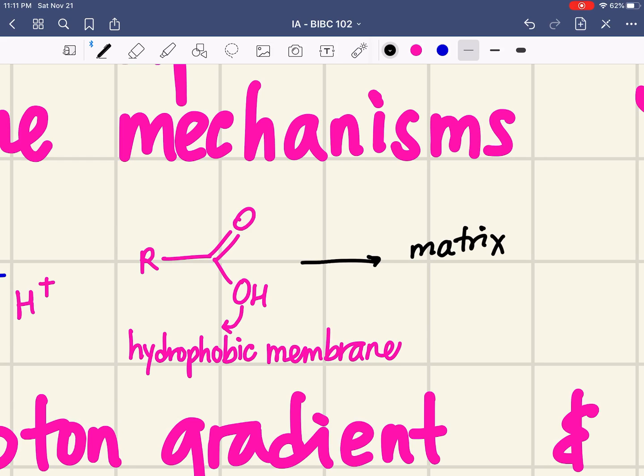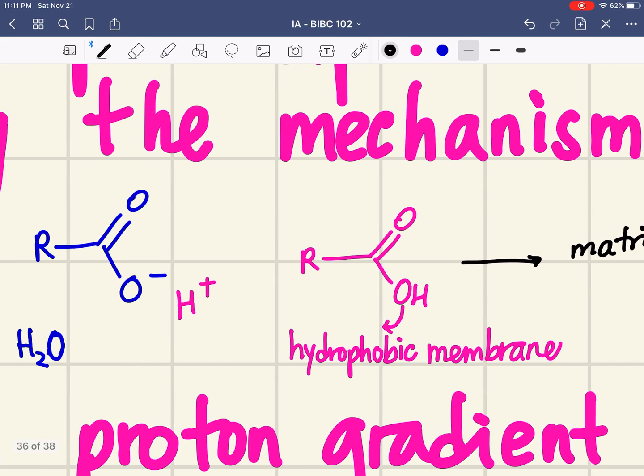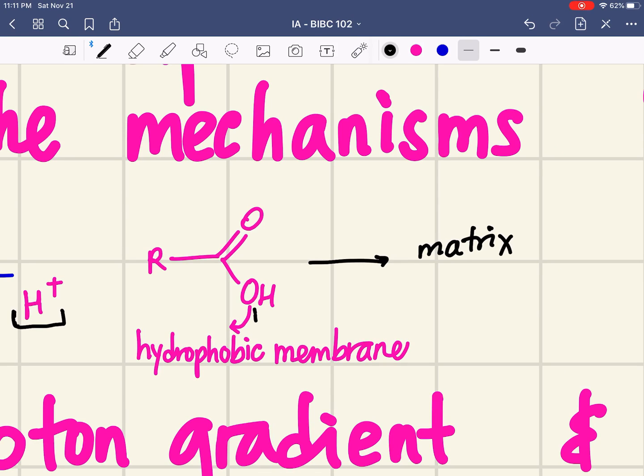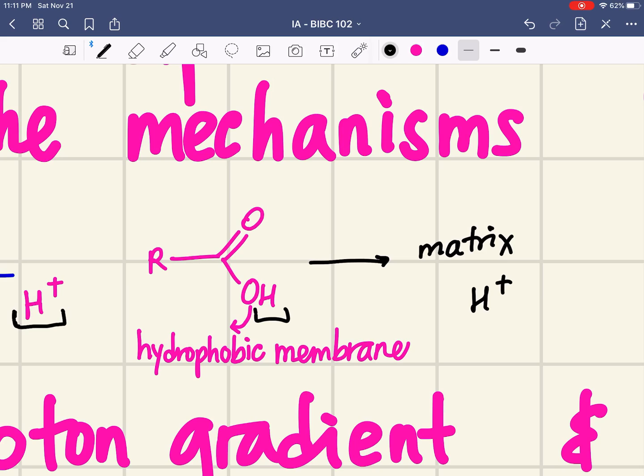So you see how the point of this was to take a proton from the intermembrane space, cross it over the membrane, and finally have it end up in the matrix. This one proton never went through ATP synthase.